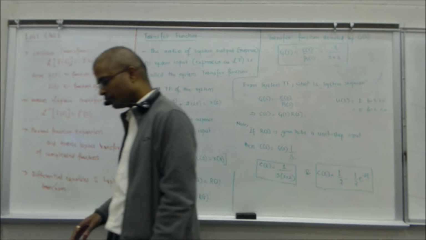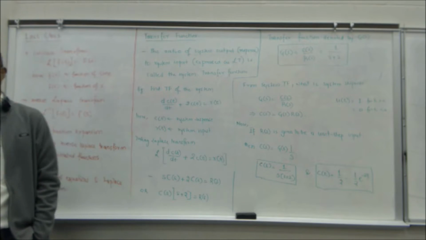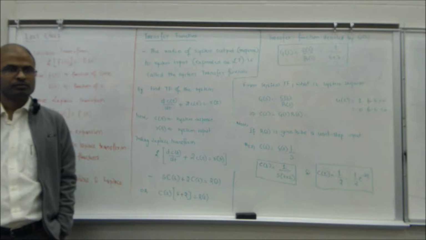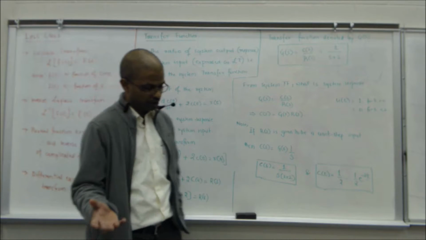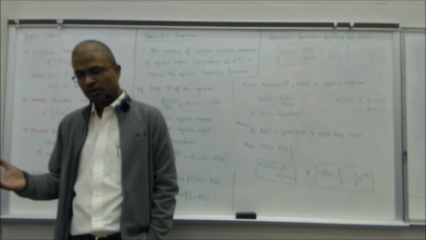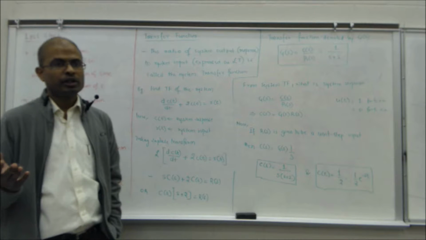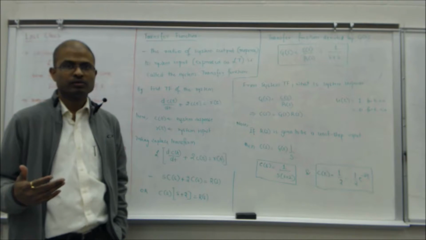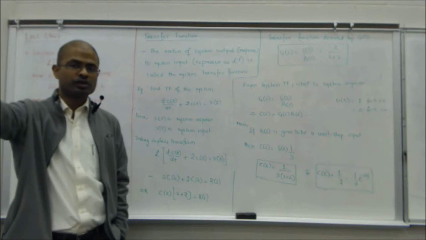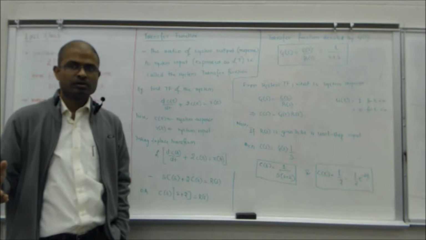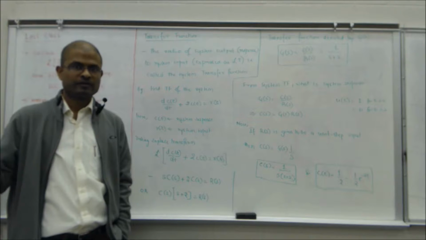Most of the natural systems are exponentially decaying systems. Let me not say that. Let me say this. Most of the systems which are stable are exponentially decaying systems. If it's an exponentially growing system, what happens? The system becomes unstable.